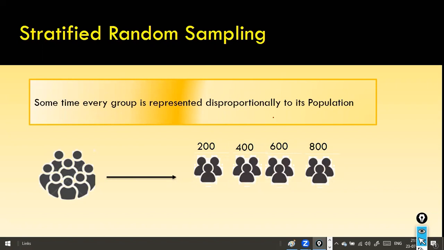Supposing I ask you to draw 10 samples from this population, what will happen? If you go by the proportion, here if you draw 8, 6, 4, 2, what will happen? Here, if you see, very few customers are there. Your sample size should also be reasonably good.